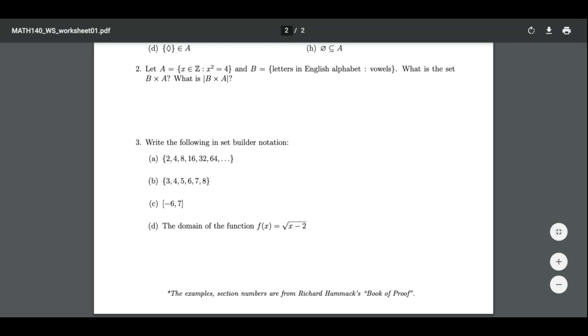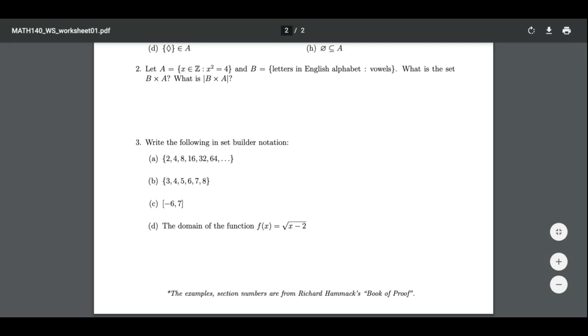C is not a set notation. Someone wrote n in Z, no, n in R. Okay, interval notation is for real numbers. So C is confusing, all right?